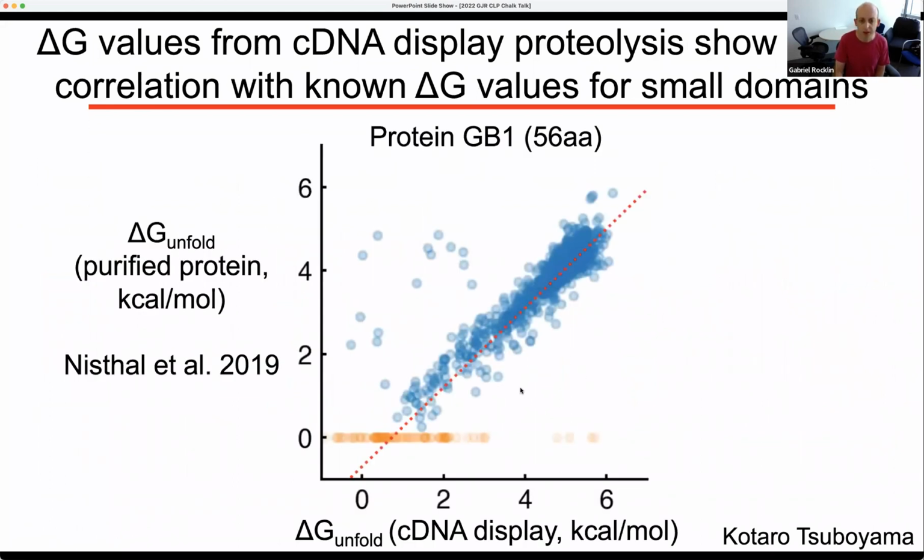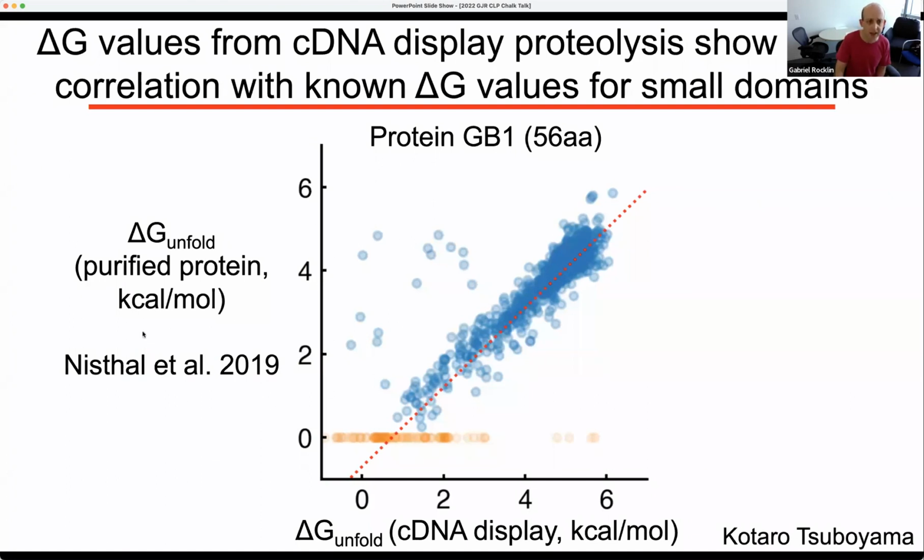So what I'm showing you here are about 1,000 different protein variants, where these are all single point mutants of the domain protein GB1. It's a 56 amino acid domain. And on the x-axis are the stability measurements from Kotaro's high-throughput assay that measures all of these together by sequencing.